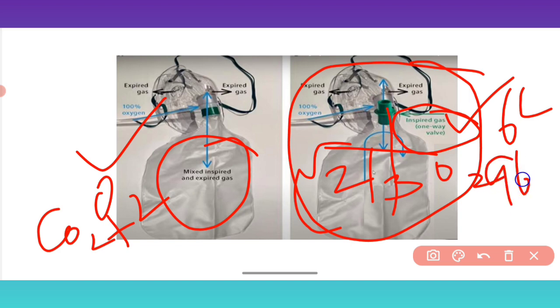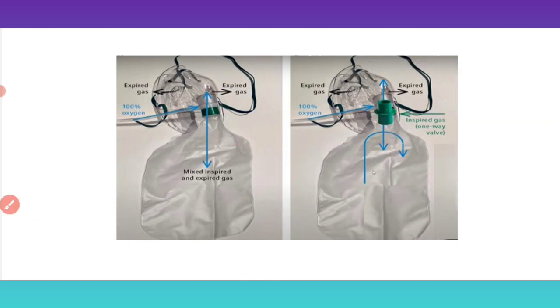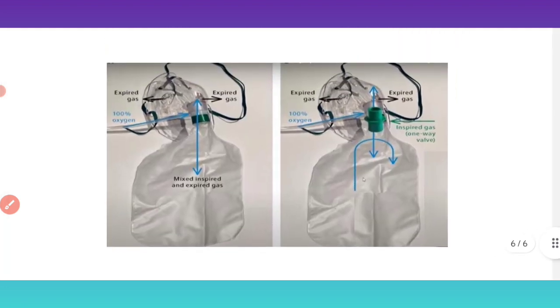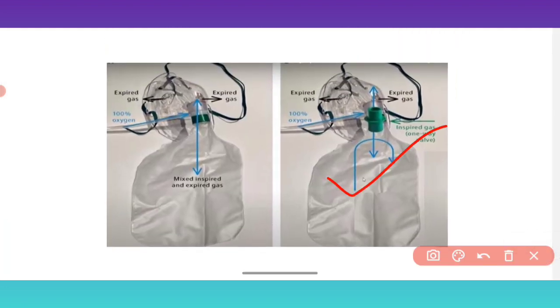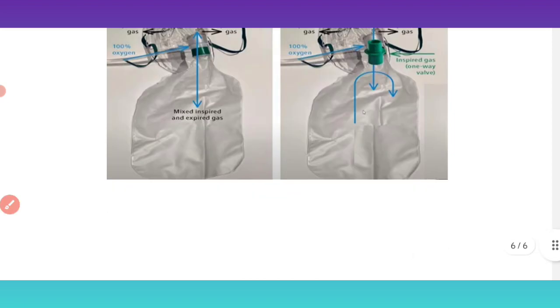Around 96% concentration of oxygen is delivered to the patient. Okay, fine. So nowadays this non-rebreathable mask is more commonly used when compared to the rebreathable mask. All the points whatever I have mentioned here are the key points, golden points. So please make a note of it.